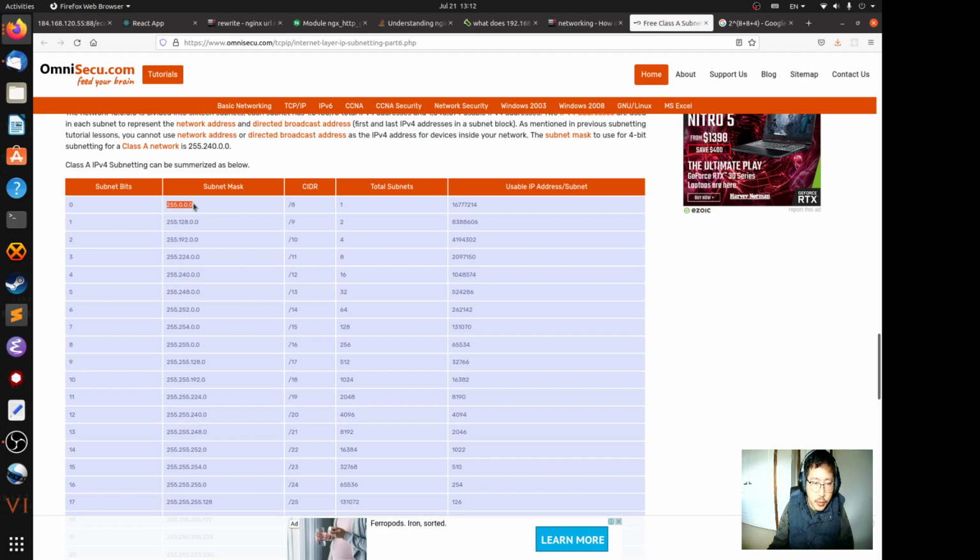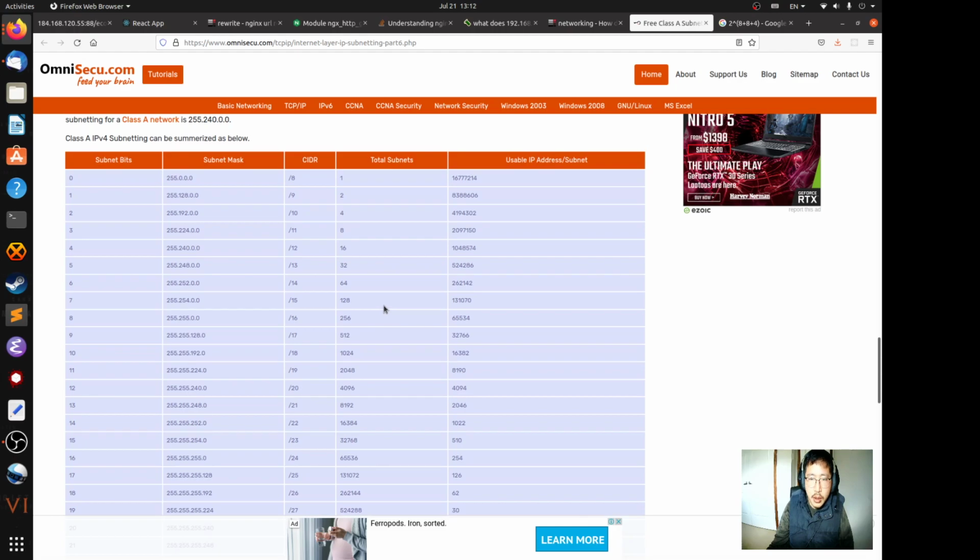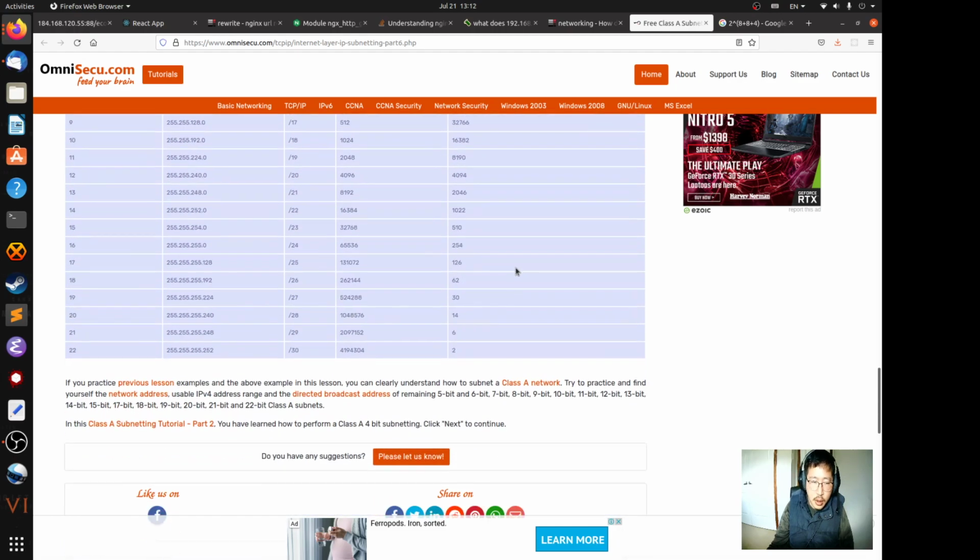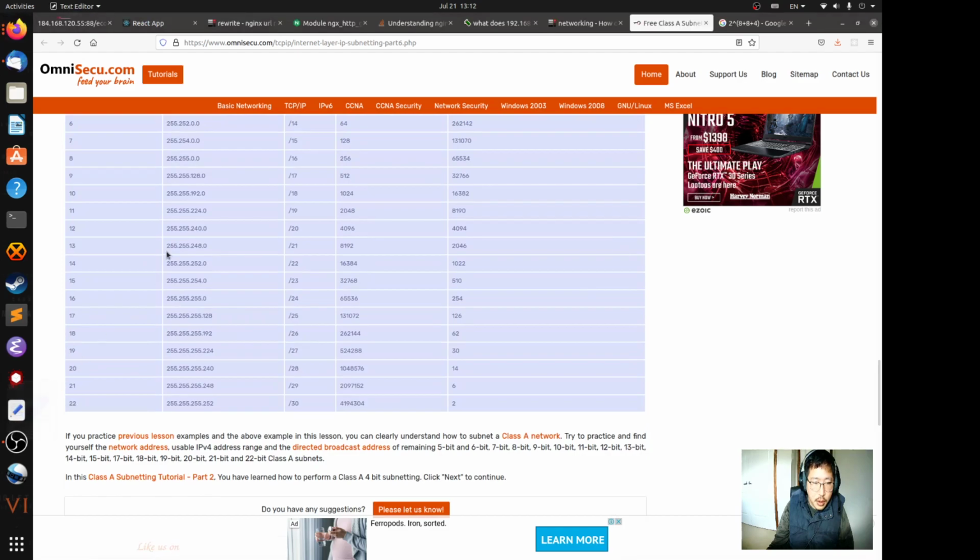With the default Class A subnet mask, there's only one network. And as you borrow more bits for the network, the subnet mask changes to reflect that, the total subnets increase, and of course the usable IPs decrease. Let me show you here.